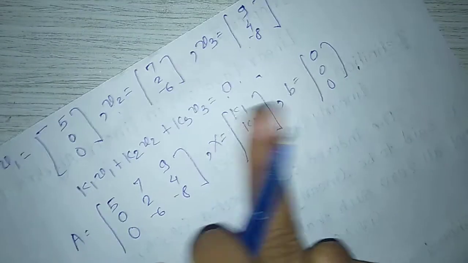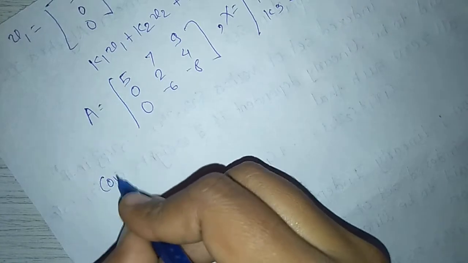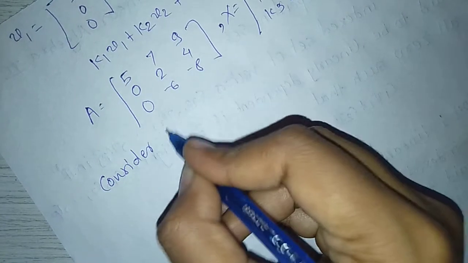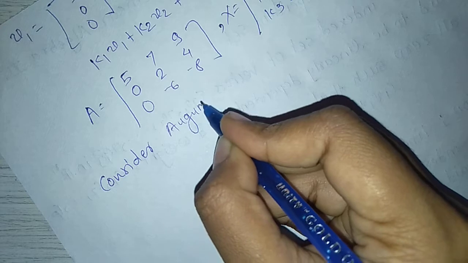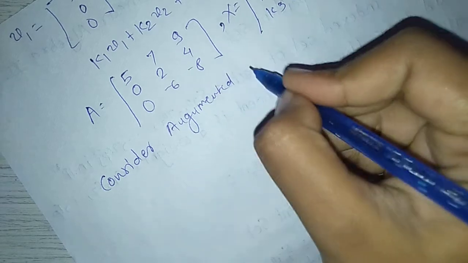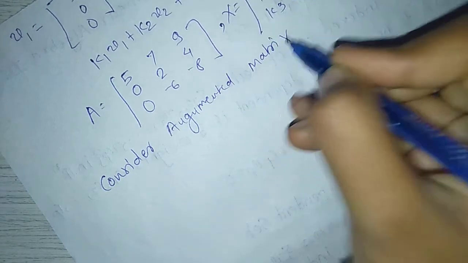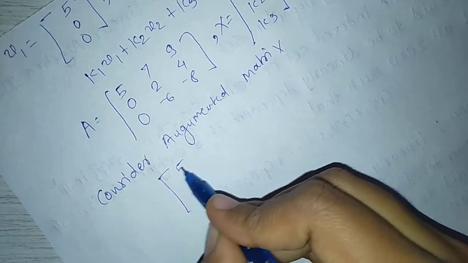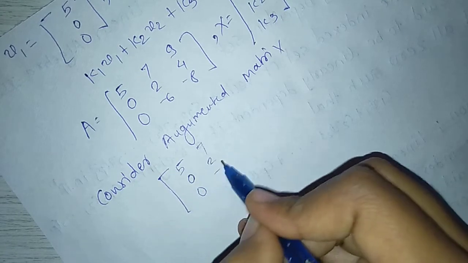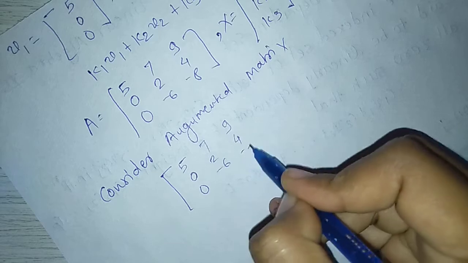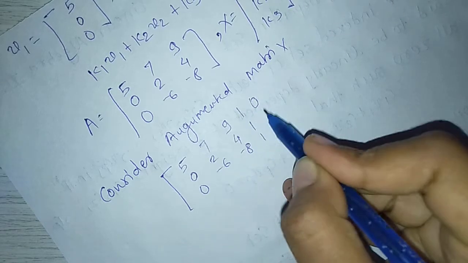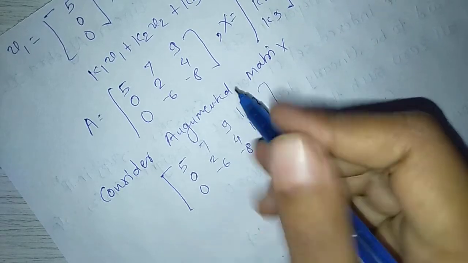So this is a homogeneous system. Consider the augmented matrix 5, 0, 0, 7, 2, minus 6, 9, 4, minus 8, augmented with the 0 column.